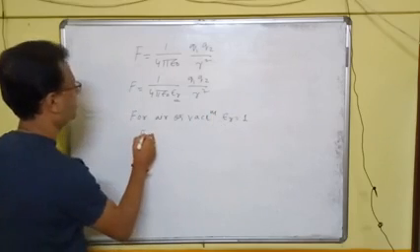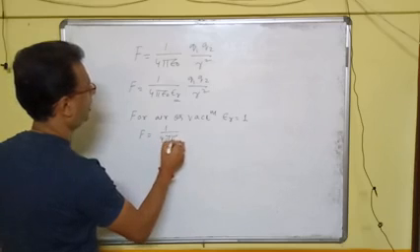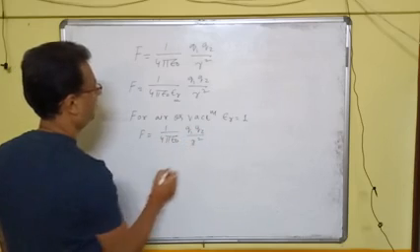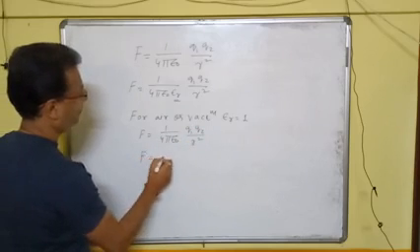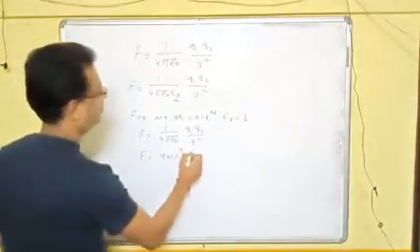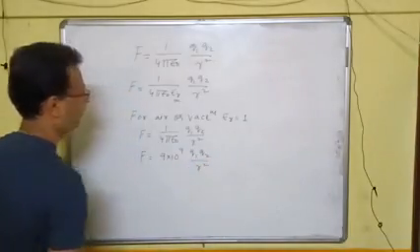So we can write F equals 1 by 4 pi epsilon naught Q1 Q2 divided by R square, or you can write it as F equals 9 into 10 to the power of 9 Q1 Q2 divided by R square.